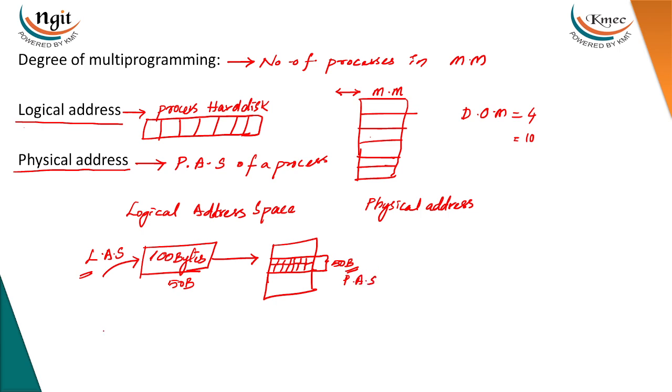The CPU will generate logical addresses. The size of the process that is stored in the main memory is stored in the limit register, as we already said.